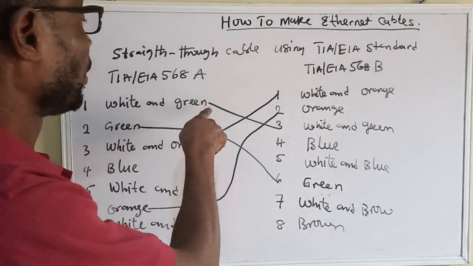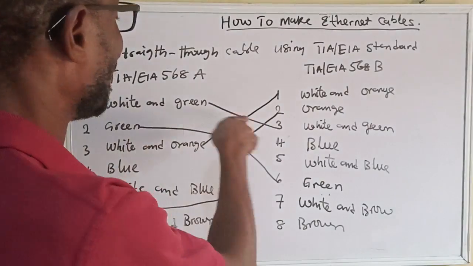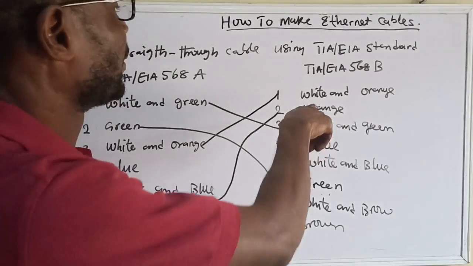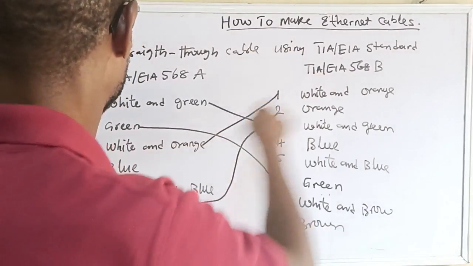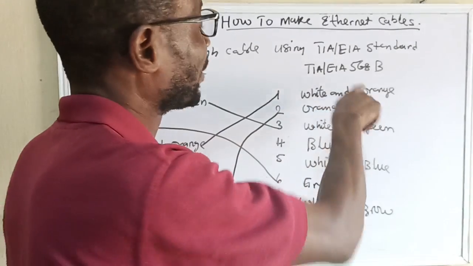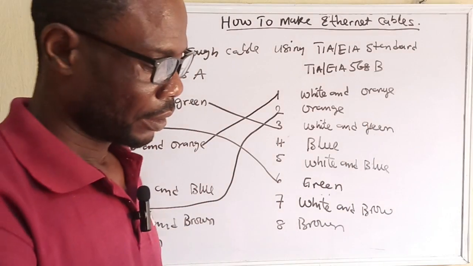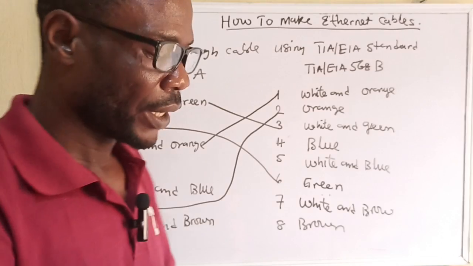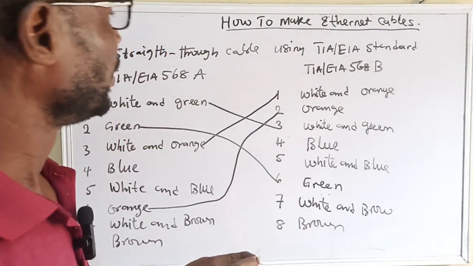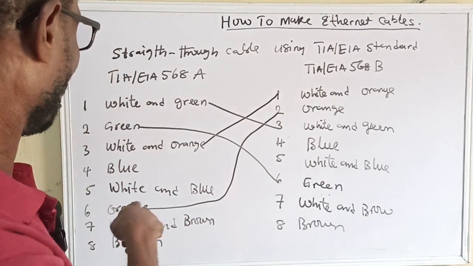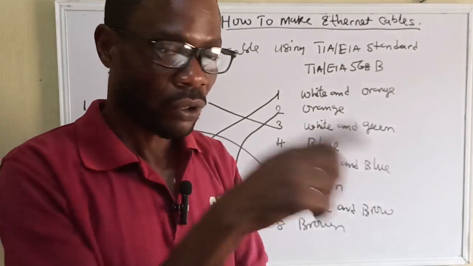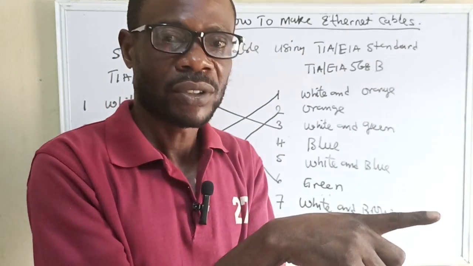You can see from 1 here is 3. From 1 to 3. What I need to do, you can see here, white and orange. If you come here, it's white and orange for 3. So I need to select this as number 1, which is white and orange. The second one is orange, and when you come here, orange is number 6 because the cable is crossed. By doing this, I've crossed the cable.